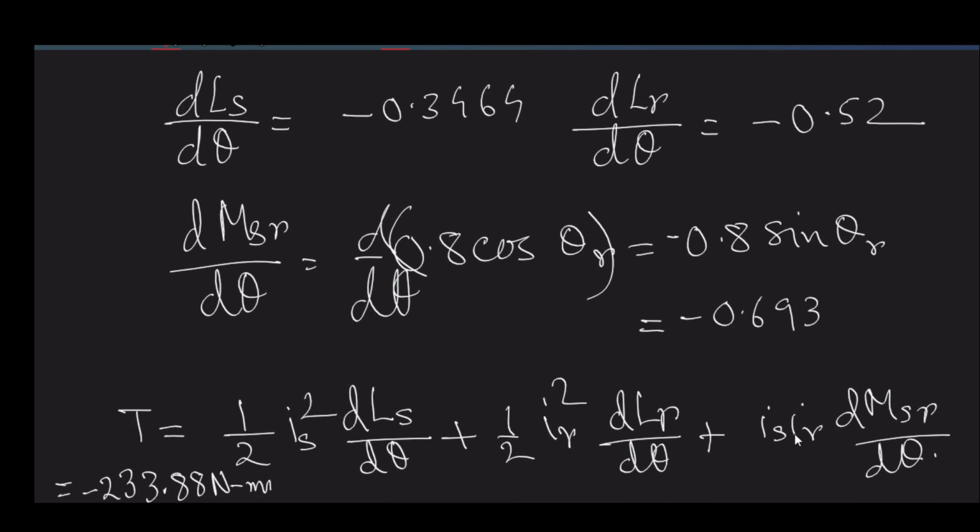So here one thing is clear, that the torque is negative. Even if we do not find out the expression of torque, we can intuitively sense that it must be negative the way we have calculated it.